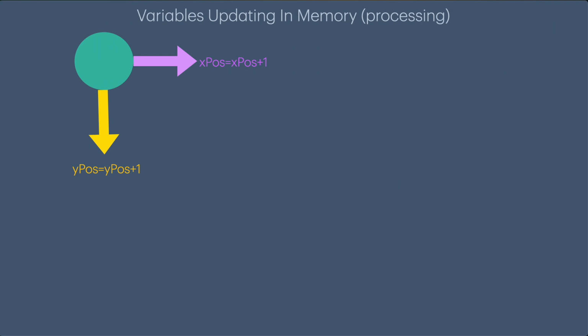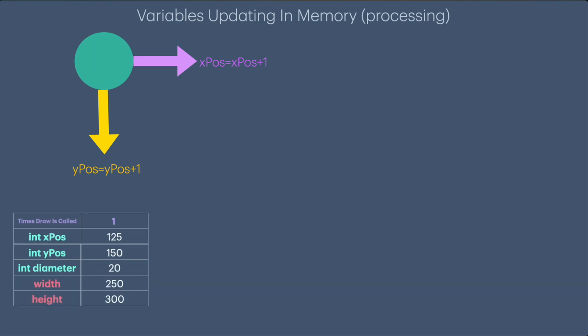So for example, in our x position situation, the first time draw is called, if we say x position equals x position plus 1, we have x position as 125, and similarly we might have y position as 150. This is just from the previous slide where we put this thing in the center.